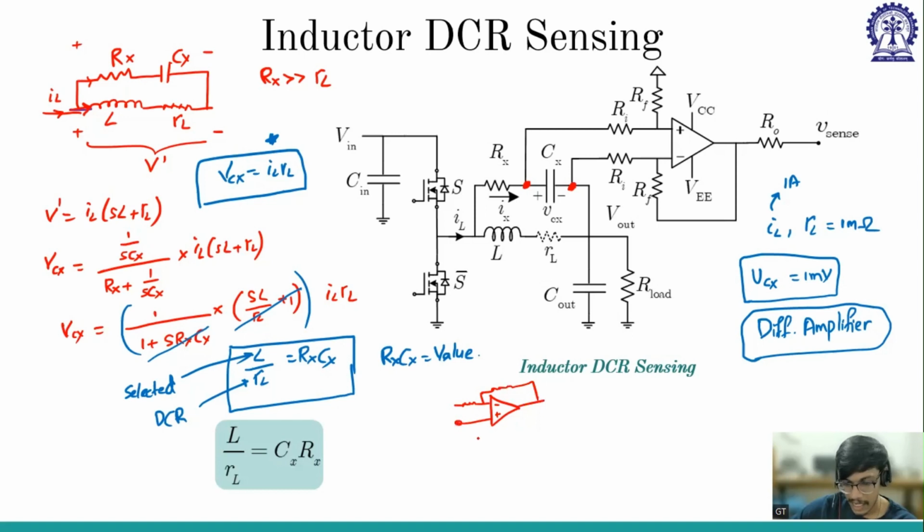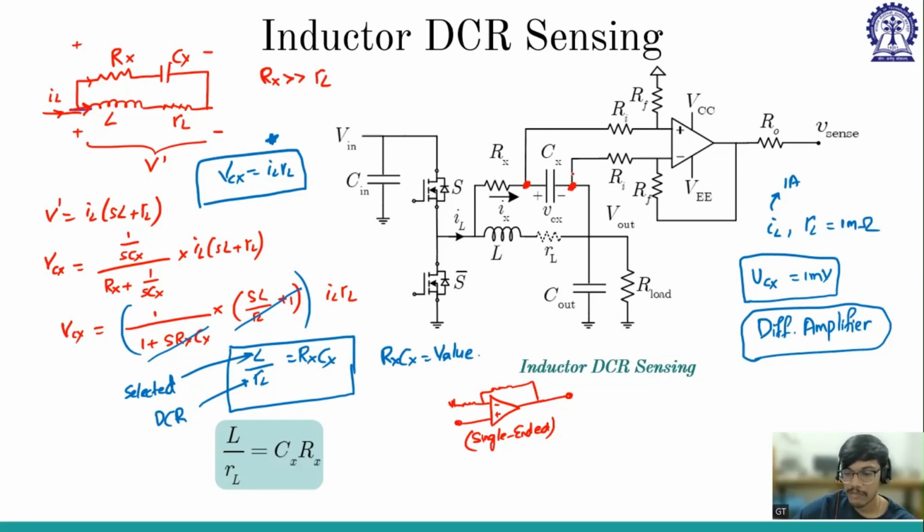This is single-ended, right? When will the term floating be used? When it is not grounded. If I want to use a non-inverting amplifier, its input is a single input, right? So it is called single-ended, and the output is also single-ended. But I am taking two voltages, and one of them is non-zero.